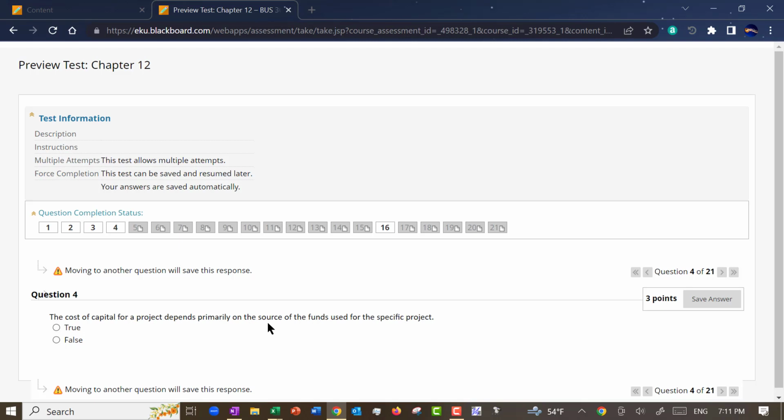Now, it doesn't depend on the source of the funds. It depends upon the source of the funds for the firm, because those rates that we're using are where sources are coming from.